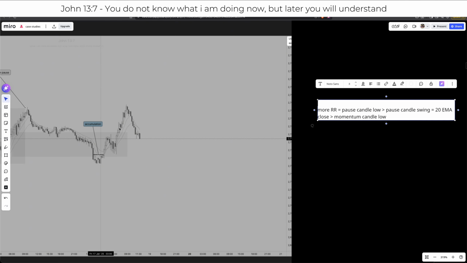But then as it goes, creates momentum, pause. So it looks like the momentum candle low was greater than the momentum pause low, which is pretty much equal to the pause candle swing. Momentum candle low.